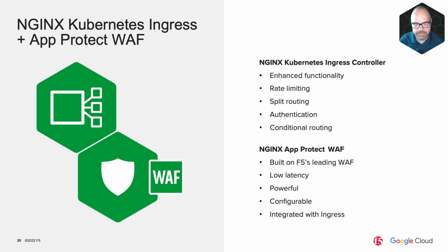We certainly make a slightly more enterprise-ready version because we have things like rate limiting, split routing, authentication, conditional routing. The way that the ingress controller behaves during updates is better. It produces less latency during configuration changes than the community-supported version. So in general, it's a better version of an ingress controller.